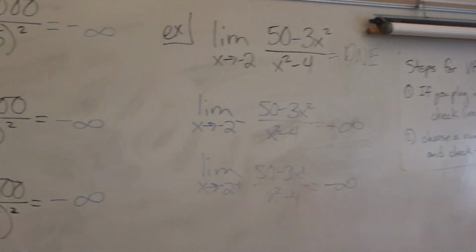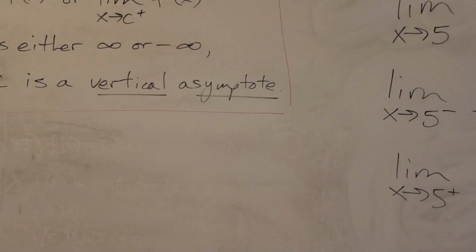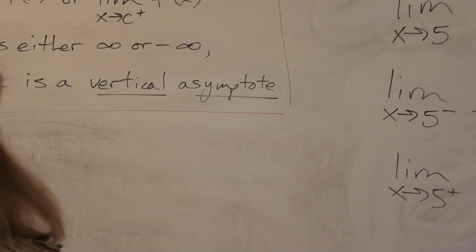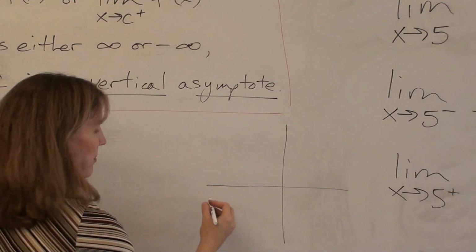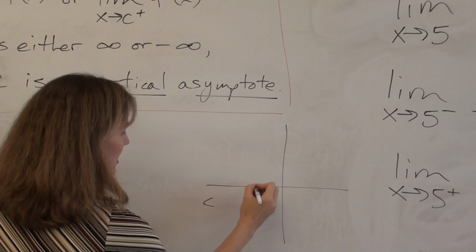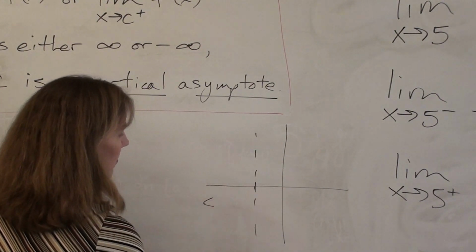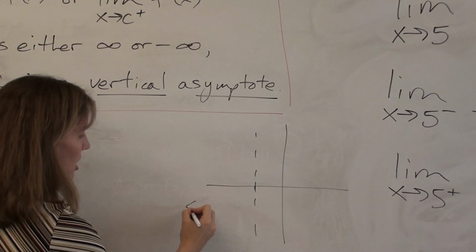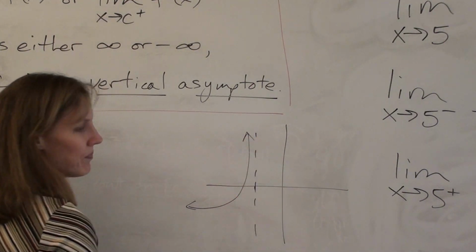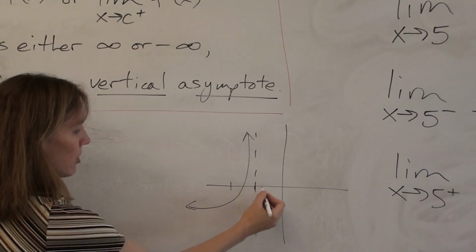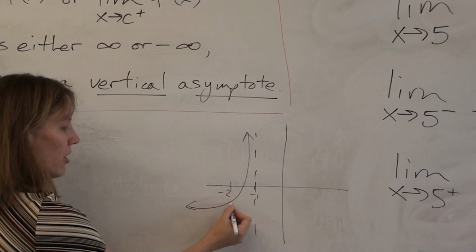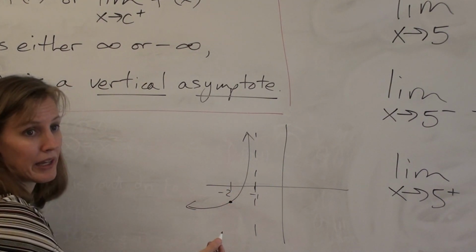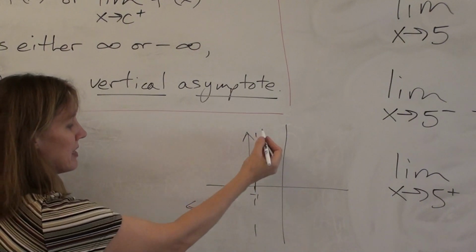Because if we look at a graph of a function with a vertical asymptote, a lot of times what happens is it'll come along, say the asymptote's here, and the function will go like that. If you go a whole integer away, say that's -1, -2, you might be negative, but it's going to positive infinity.